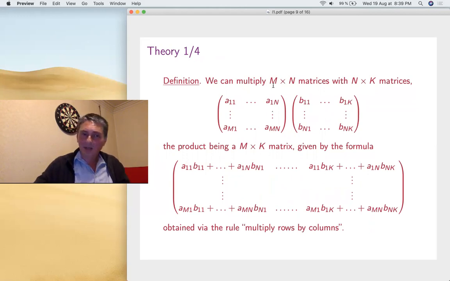I take rectangular matrices, m by n and then n by k, so the n here should be the same as the n there. And you can make a product and you get an m times k matrix given by this formula here, which looks quite horrible. The idea is that I'm multiplying the rows of the first one and the columns of the second one. That's a very general definition.